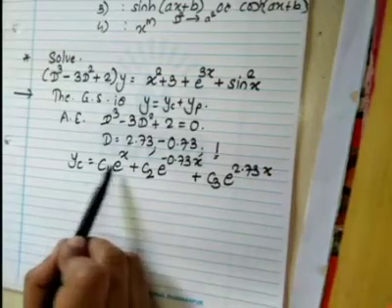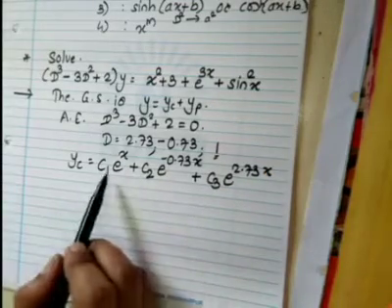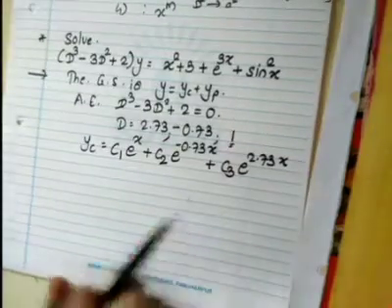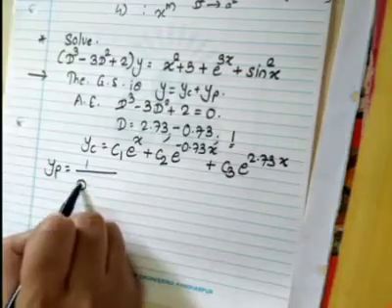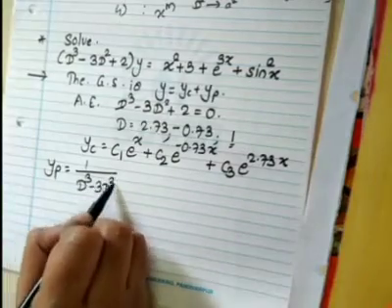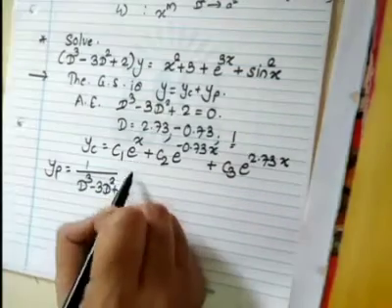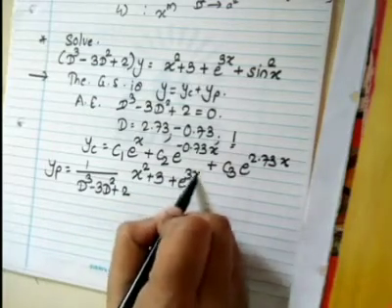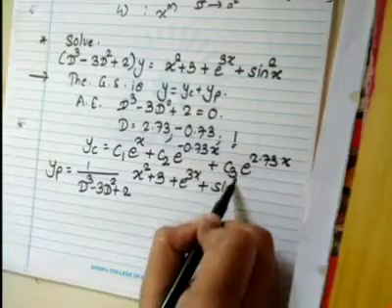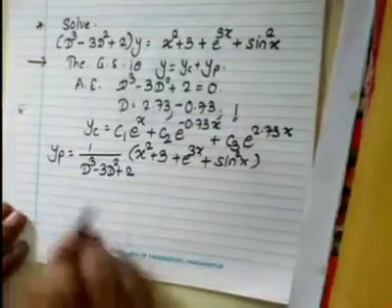It's your choice where you want to write what. It is immaterial. Then yp is equal to 1 upon D cube minus 3D square plus 2 of x square plus 3 plus e raised to 3x plus sine square x. Just write down the whole function.